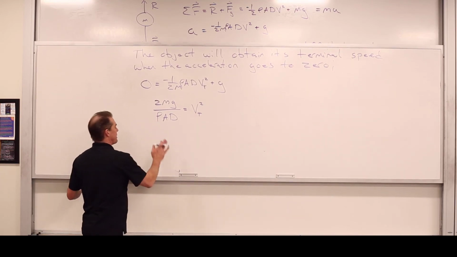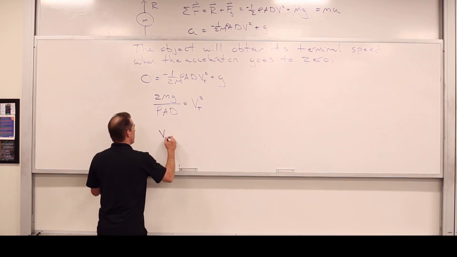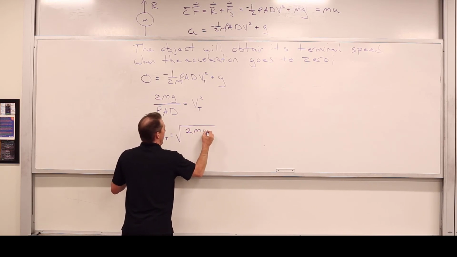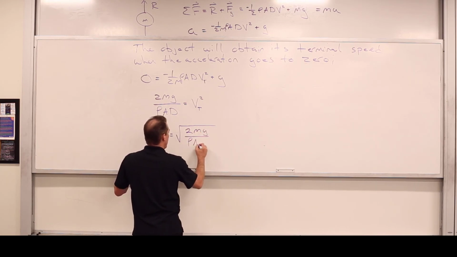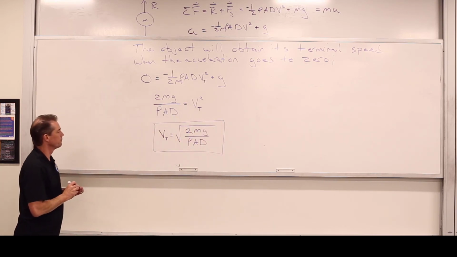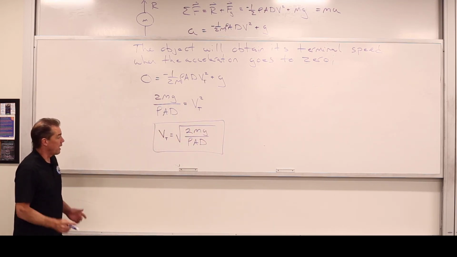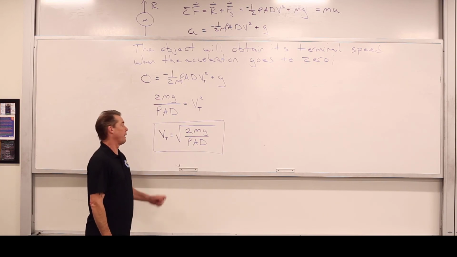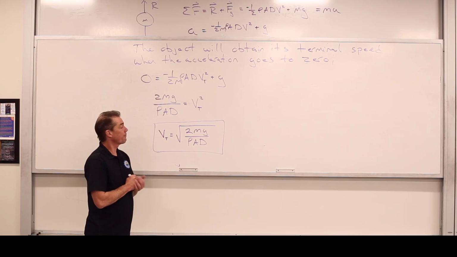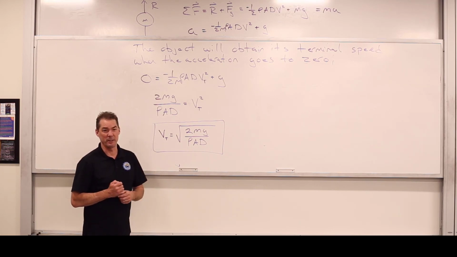Then solve this out completely for v sub t. Terminal speed is then equal to the square root of 2mg divided by rho A d. That's it. It depends on the mass of the object, the drag coefficient, cross-sectional area, and the density of air. That's all that we're really going to do with this.